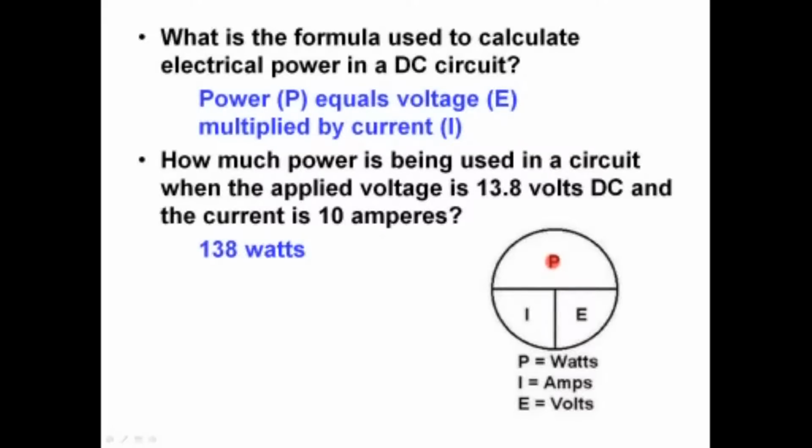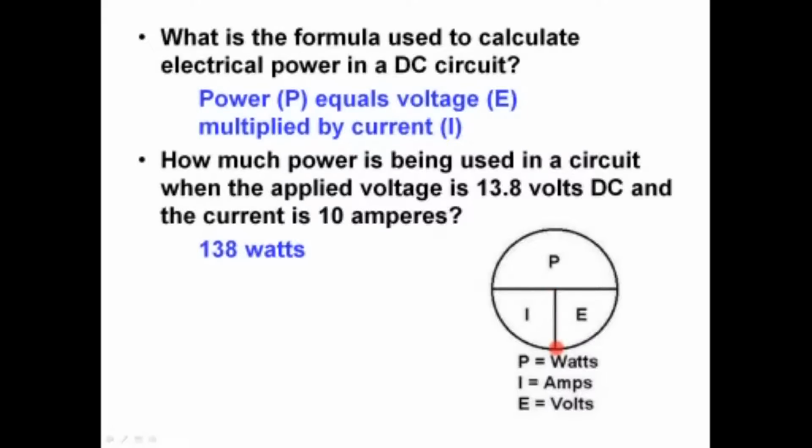So what this tells us is that we're going to multiply I times E to get P. If it was I that we wanted, we would divide P by E. If it was E that we wanted, we would divide P by I. So this is a division bar here, and this is a multiplication sign here.